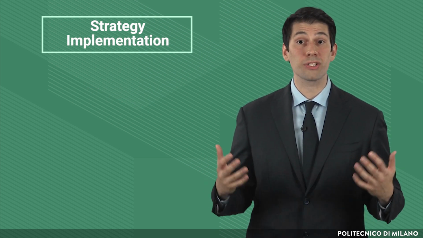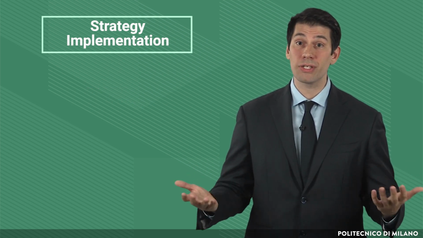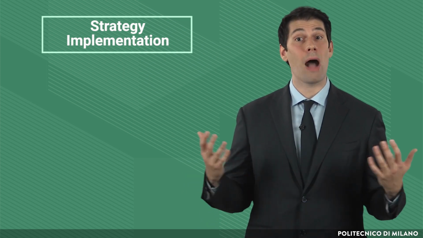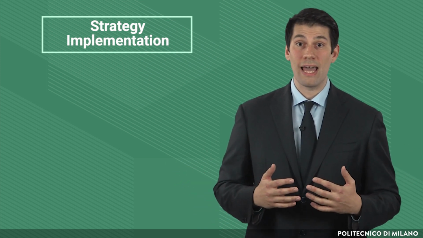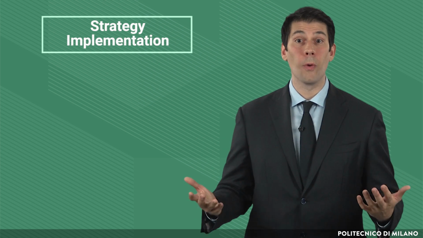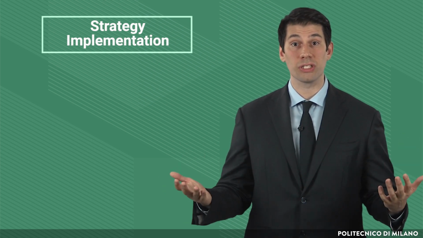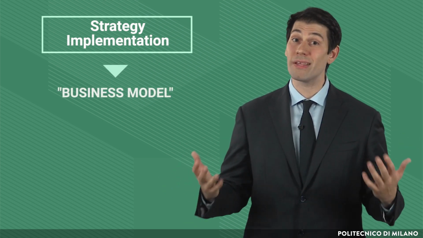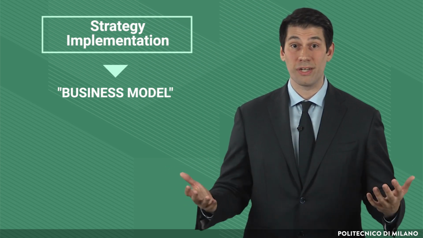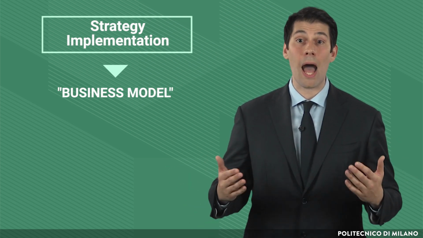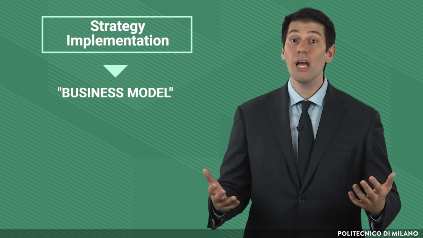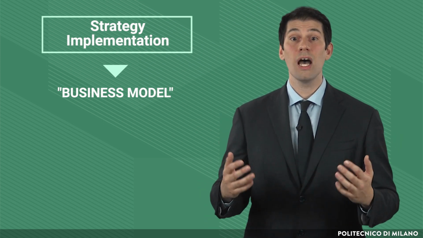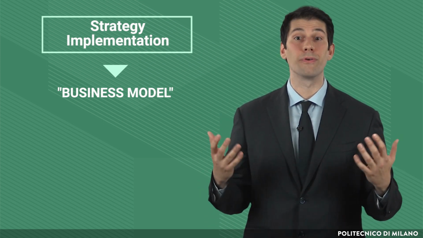In order to support strategy execution, managers may resort to different models. The framework that is widely employed to support strategy implementation is the so-called business model, which considers the implications of a company's business strategy on a unified set of building blocks and parameters.